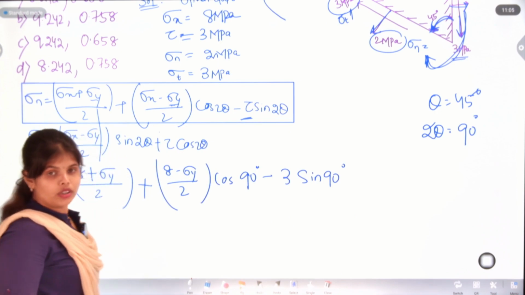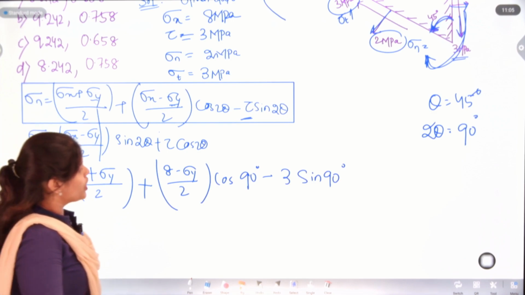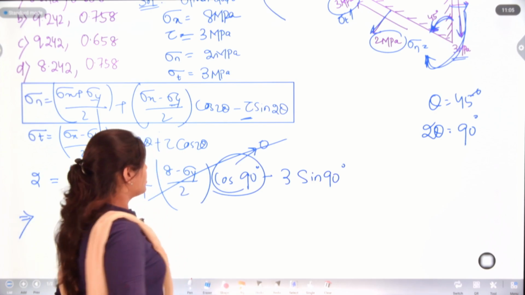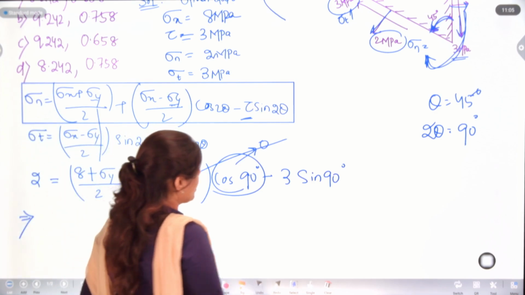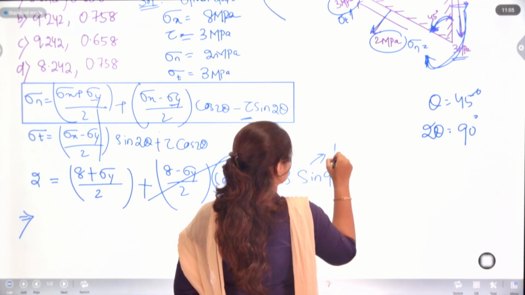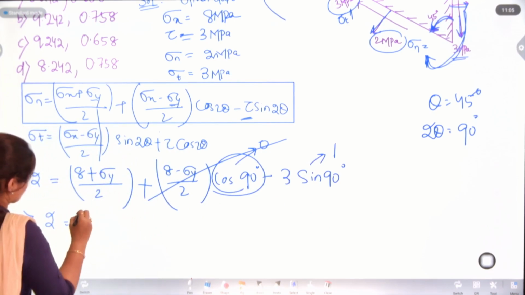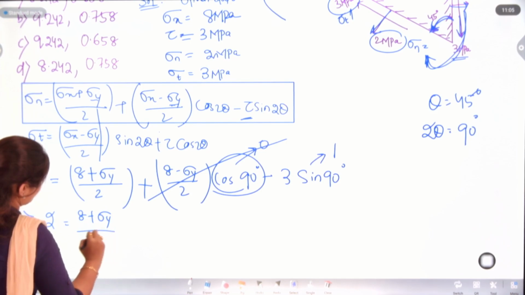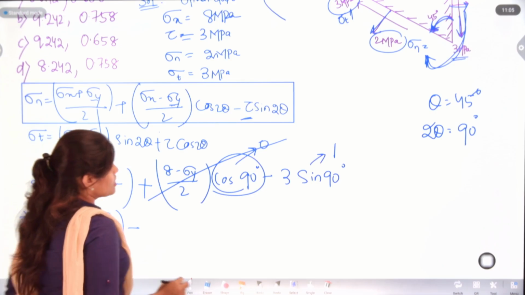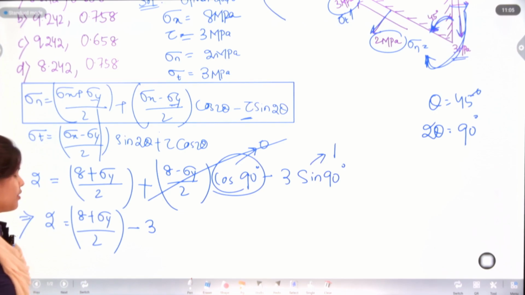We just need to remember some trigonometric values. We know cos 90 is 0, so this term will be cut. And sin 90 is 1. So, 8 plus sigma y upon 2, minus 3 into 1, that is minus 3.